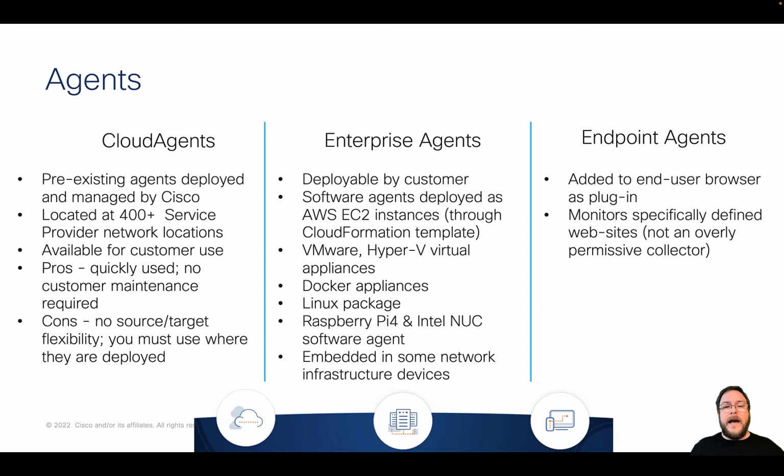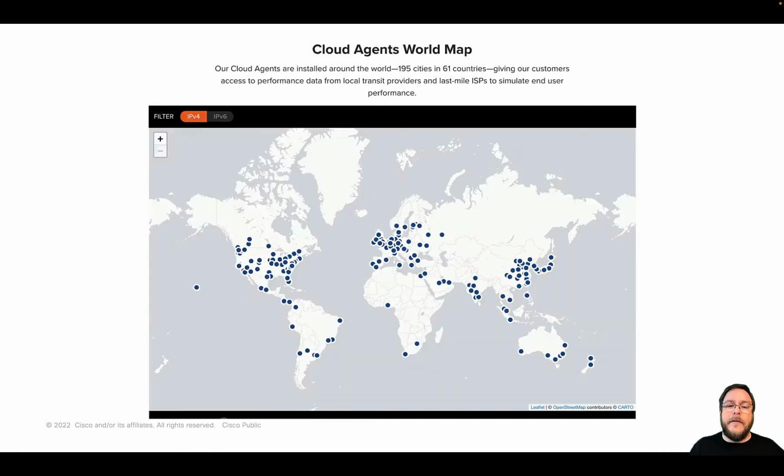But if you say, I want to monitor my employees' ability to get to GitHub, then you would define GitHub as a monitored endpoint. And once they access GitHub, we would start collecting their transaction information. Again, these cloud agents are all over the world: 195 cities in 61 countries, including Hawaii and New Zealand, because internet goes there.